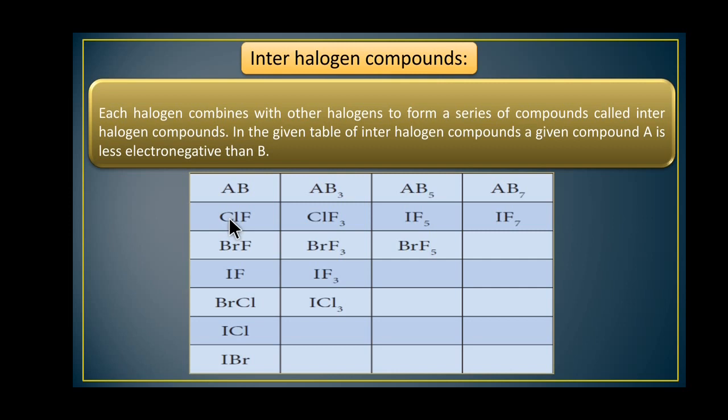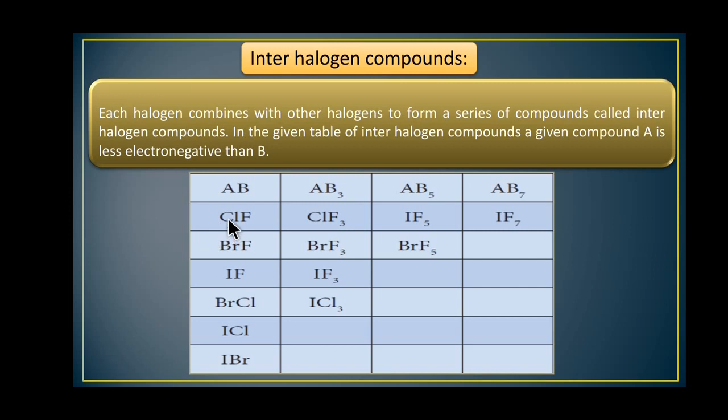Here Cl is A and F is B, so A has less electronegativity compared to B. In the order of halogens: fluorine, chlorine, bromine, iodine, the electronegativity decreases from fluorine to iodine.